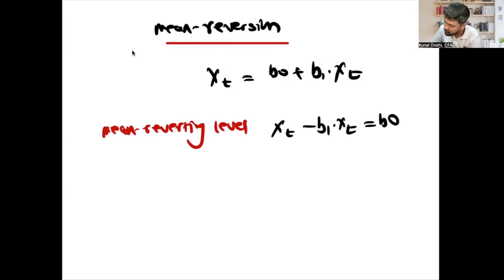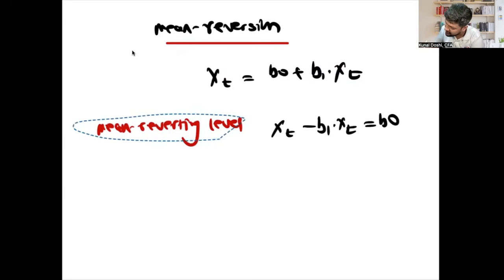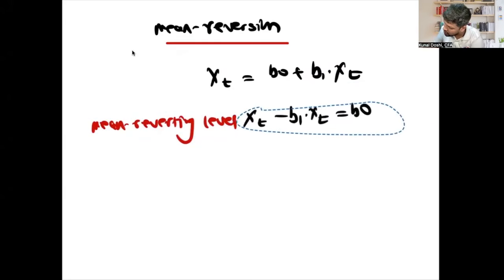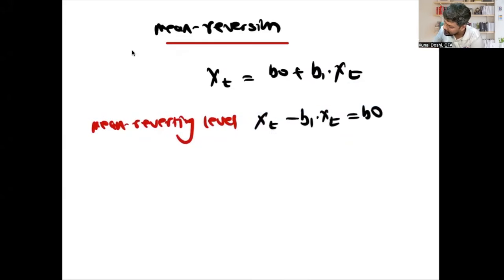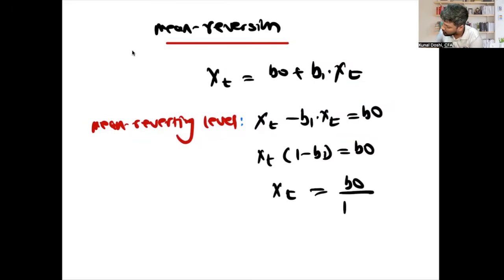Now from this, I will try to solve in a manner so that I get xt. Here my xt is common, so xt times (1 minus b1) equals b0. So my mean reverting level, which is xt, is equal to b0 over 1 minus b1. Yes, this is my mean reverting level.